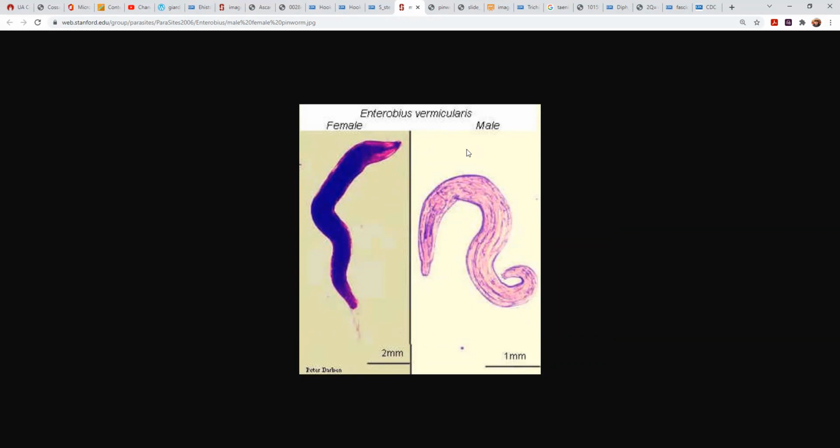This is the pinworm. This is really one of the most common helminth diseases that we see in the United States, especially around children. The male and the female look pretty similar. They're pretty small. You see there, the female is going to be a little bit larger than the male. But they are smaller and shorter than the other types of worms that we look at.